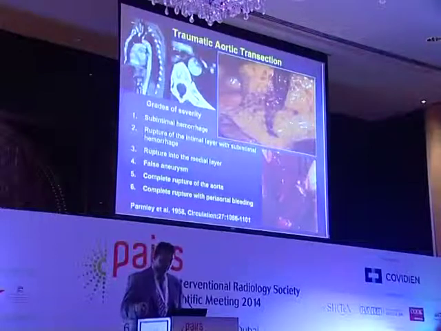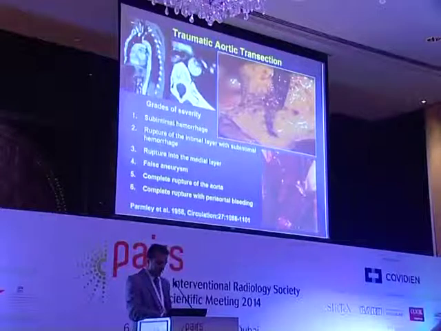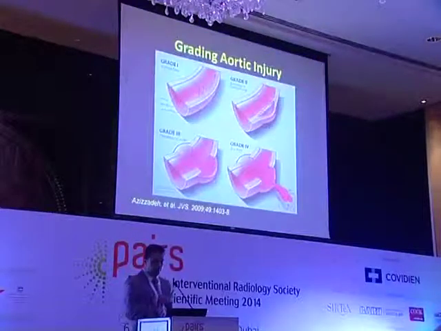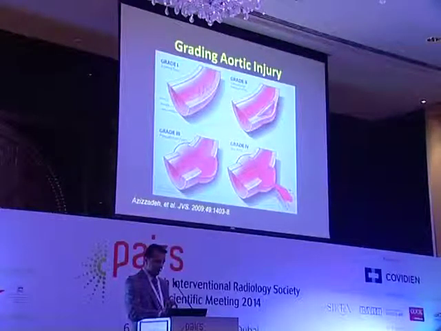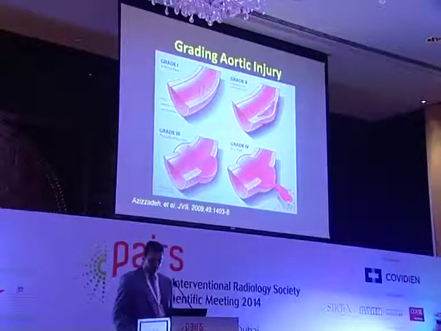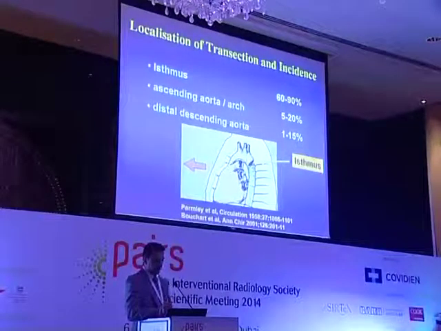In 1958, the aortic blunt trauma was classified into 6 categories. Today, we have only 4 categories. Grade 1 is only intimal tear, grade 2 is intramural hemorrhage, grade 3 pseudoaneurysm, and grade 4 is a rupture. It's always, in the majority of cases, located at the isthmus.